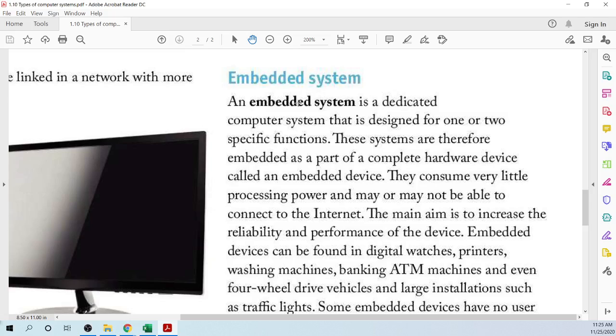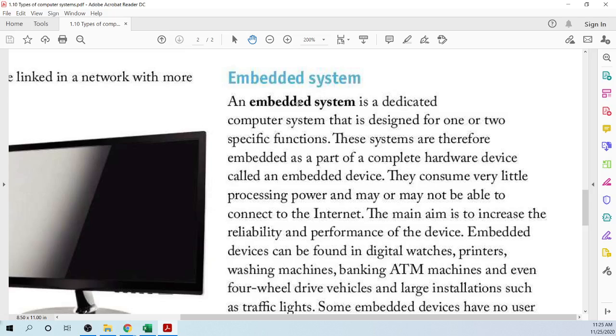Embedded system. An embedded system is a dedicated system that is designed for one or two specific functions. These systems are therefore embedded as a part of a complete hardware device called an embedded device. They consume very little processing power and may not be able to connect to the internet.